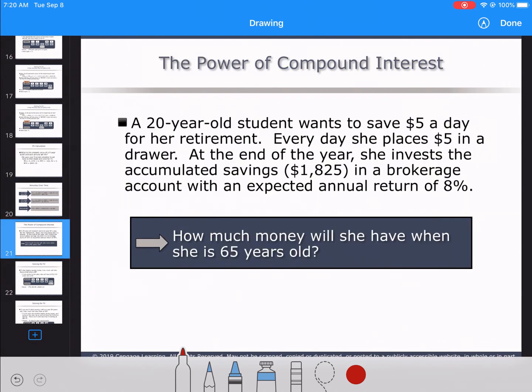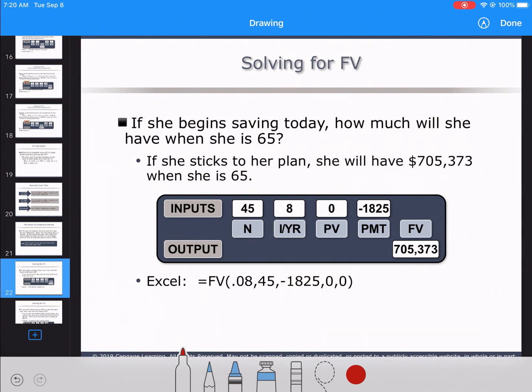Then you have an interesting question: you are 20 years old and you want to save $5 a day for your retirement, and that becomes $18.25, and how much will this $18.25 be worth at 8% when you are 65? So you put in 45 years, 8%, present value is 0, and 18.25 is the payment. That's your future value.